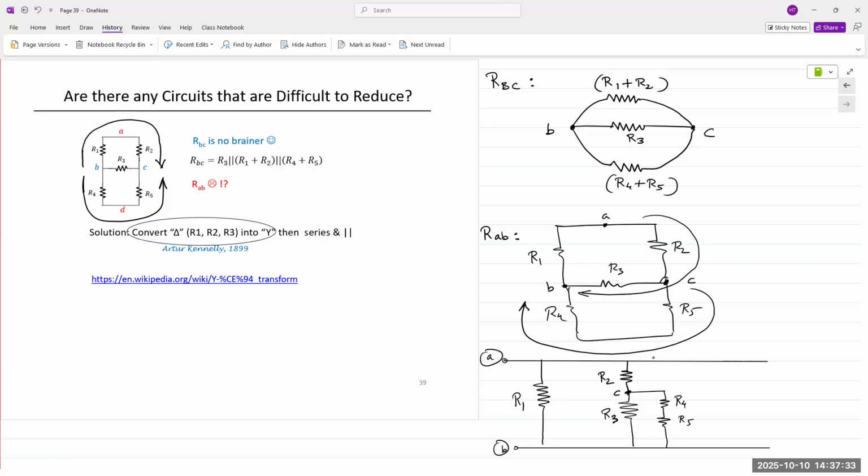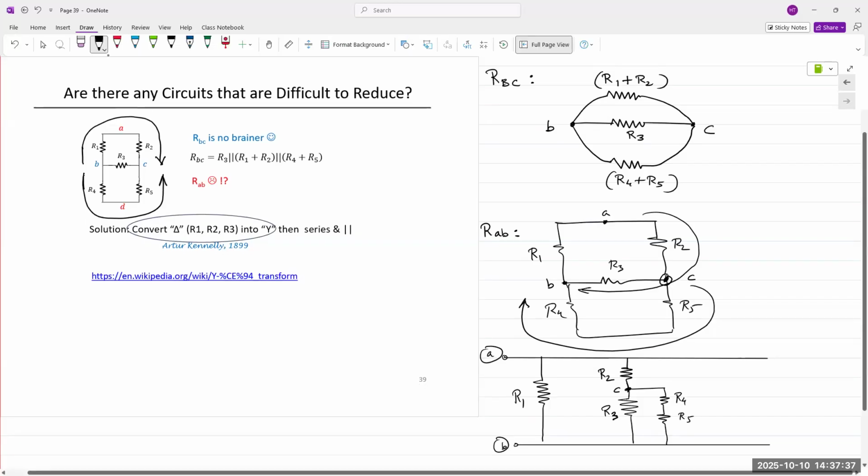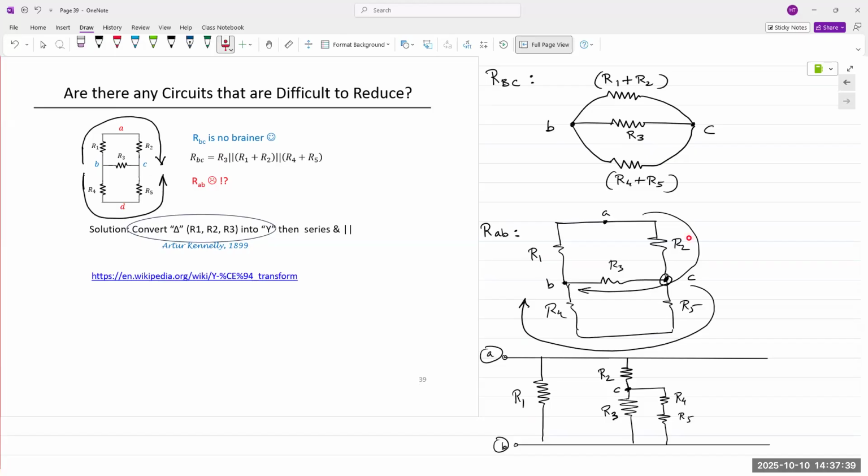And if you look at the circuit above, we have R2, R5, and R3 connected at node C, which is right here. I labeled it incorrectly. This should be R5, and then this would be R4. That would be more correct. Does that answer your question? Okay.